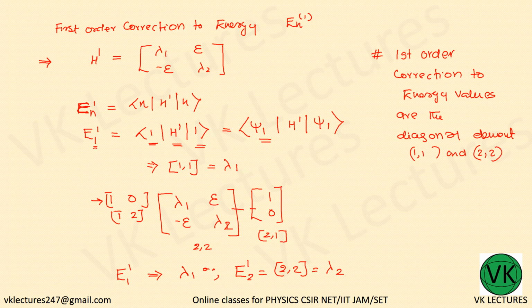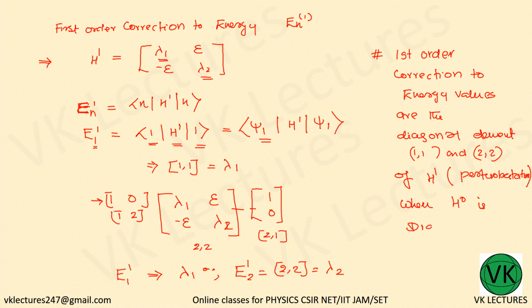What are the diagonal elements here? Lambda 1 and lambda 2. So diagonal elements of what? Of H dash. What is H dash? The perturbation added. Okay, first order of H dash, this is important, when H naught is diagonal.